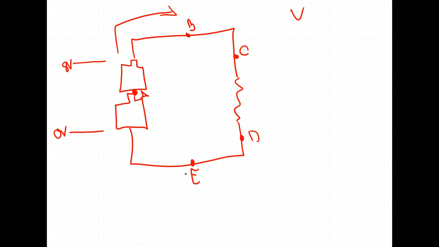B and C. Why? Because they're before the resistor. Is there a voltage difference here? No, and so we can say B equals C, and those are greater than D and E. For D and E, is there a voltage difference between those 2 points? No, there's not. And so D equals E. But where does A fall in between those?